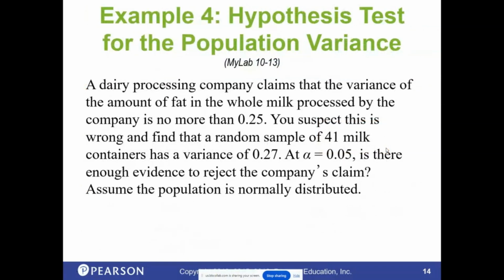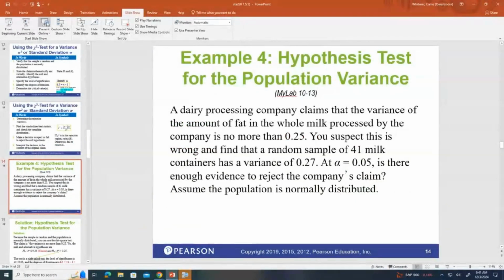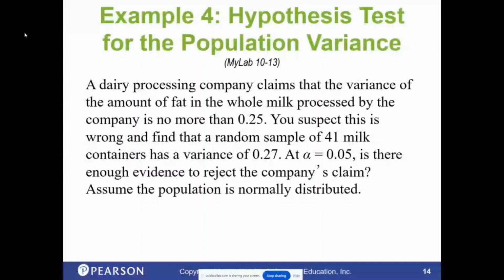All right, so we have a dairy processing company that claims the variance of the amount of fat in the whole milk processed by the company is no more than 0.25. So the variance is no more than 0.25.